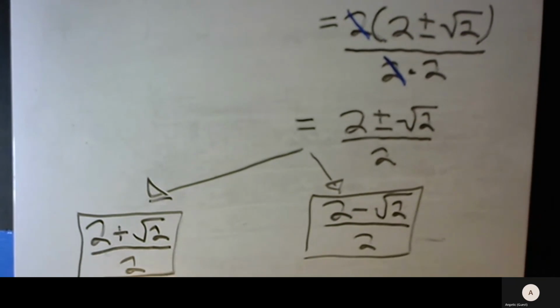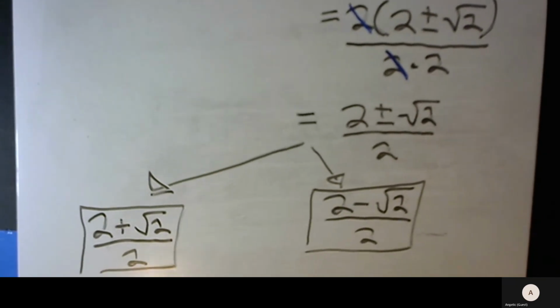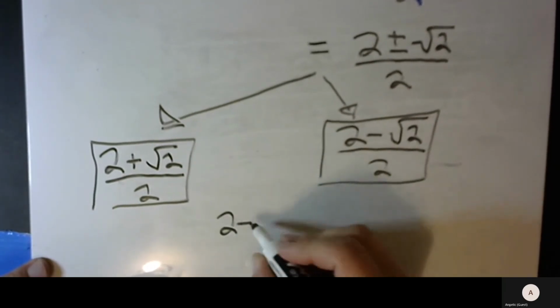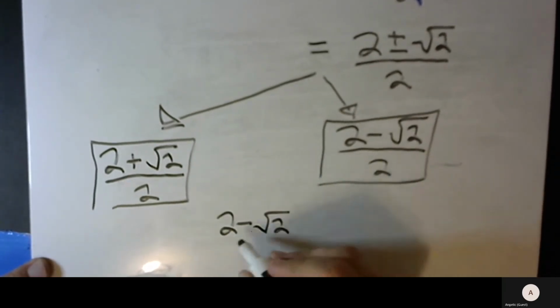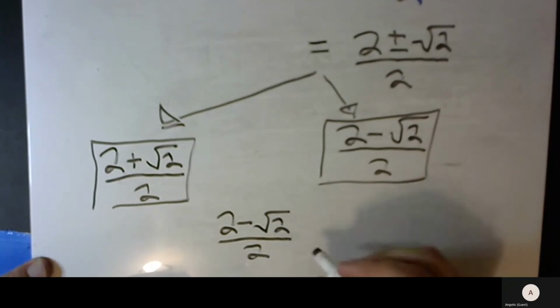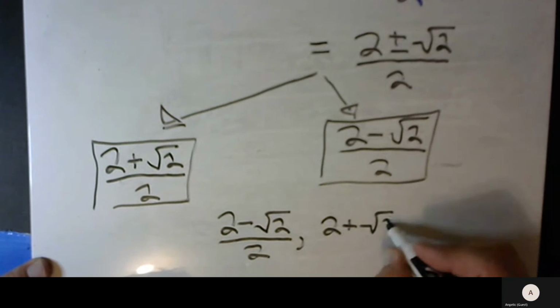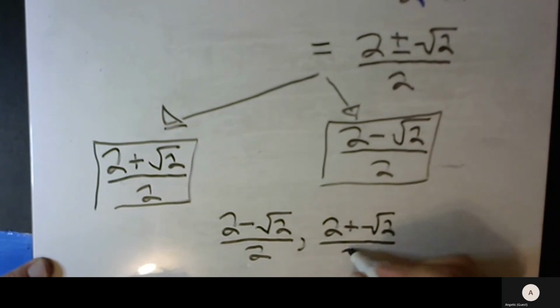And so for exact answers, we'll have 2 minus root 2 over 2, 2 plus root 2 over 2.